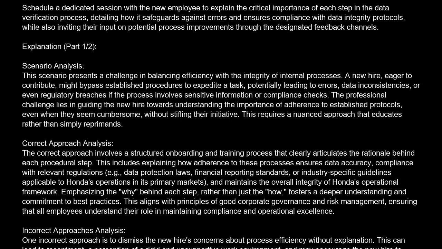Emphasizing the why behind each step, rather than just the how, fosters a deeper understanding and commitment to best practices. This aligns with principles of good corporate governance and risk management, ensuring that all employees understand their role in maintaining compliance and operational excellence.